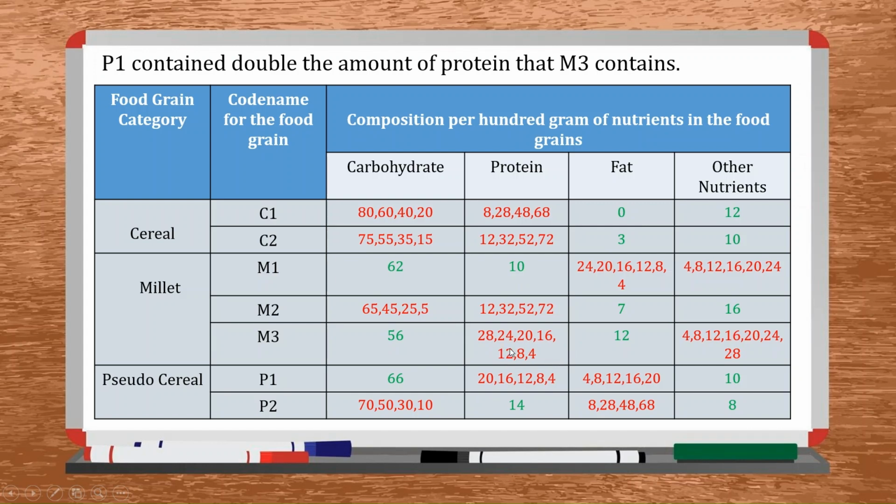Similarly, based on the sum rule, carbohydrate plus protein plus fat plus other nutrients should be equal to 100. Using that, we can also calculate the possible values of other nutrients. Since we are eliminating these values from 12 to 28 in protein, the corresponding values of other nutrients, from 12 to 28, will also get eliminated.